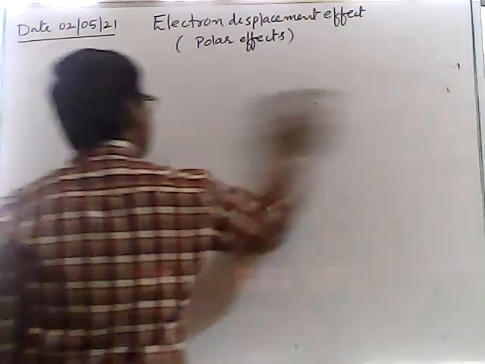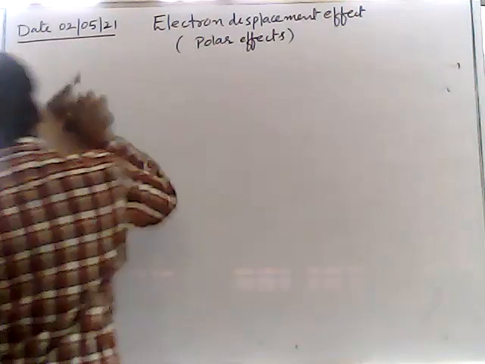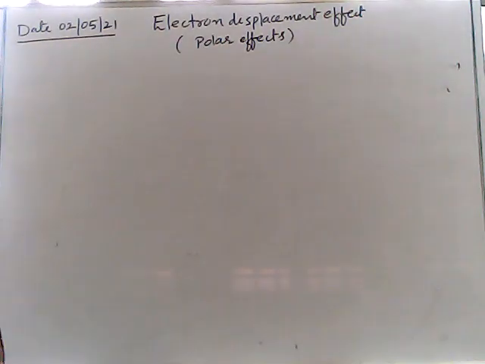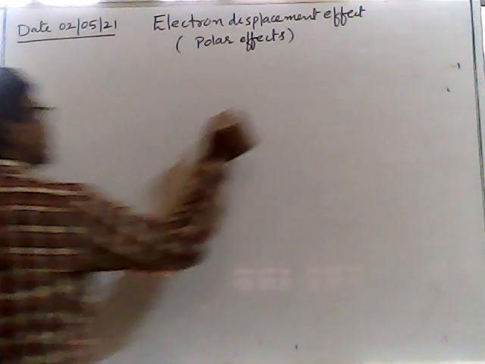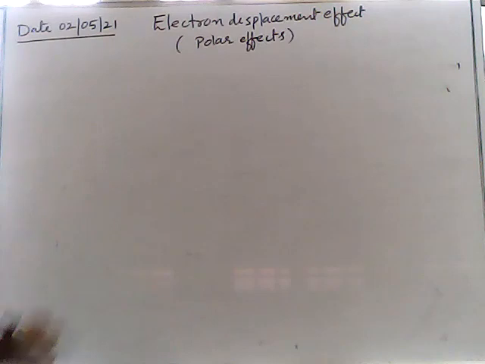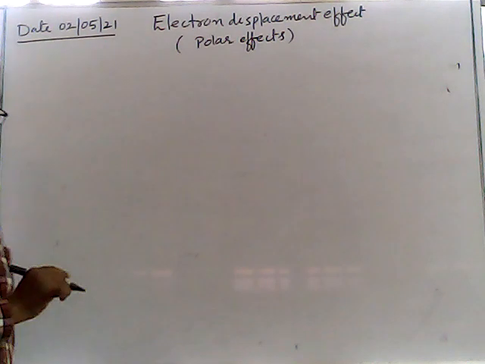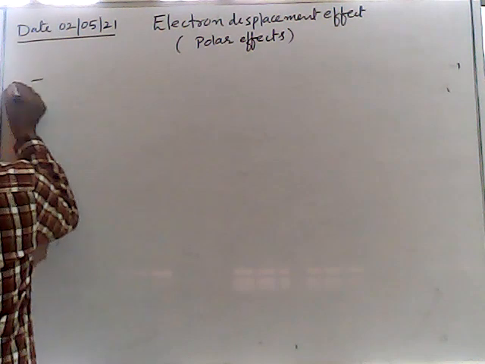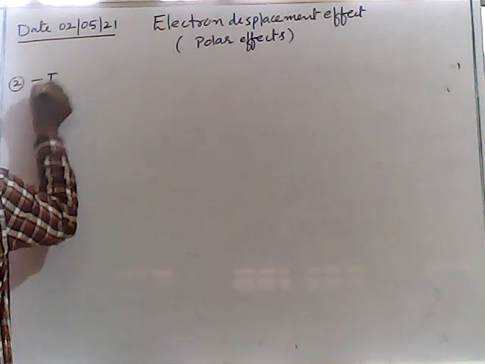Here comparison is with hydrogen. In plus I effect, electrons, sigma electrons are moving away from the group. Remember that. In minus I effect, electrons are moving towards the group. See here, the second one is minus I effect.